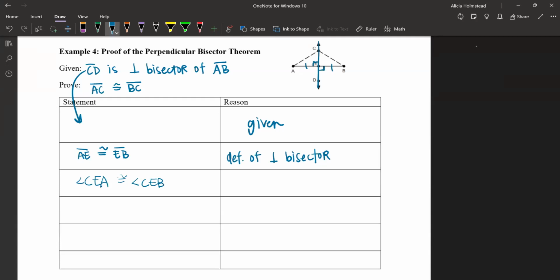So those are just our 90-degree angles here. They are right angles by definition. Definition of a perpendicular bisector.